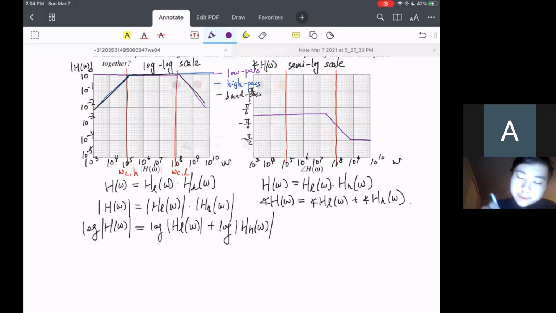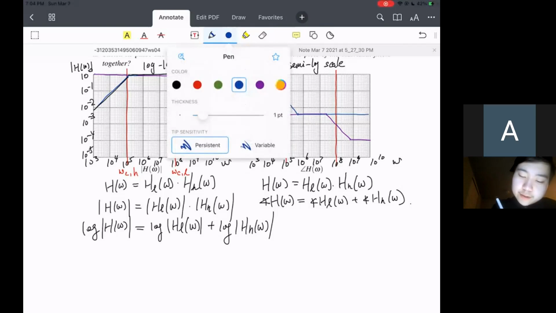And then for the high-pass filter, it starts out at pi over 2, and then drops to 0 at its cutoff frequency. So it's going to look something like this.